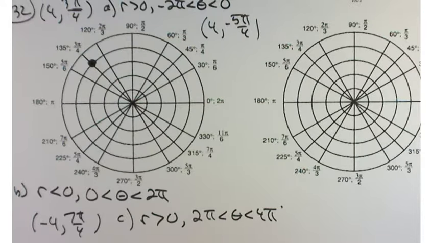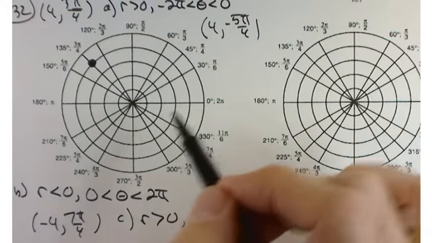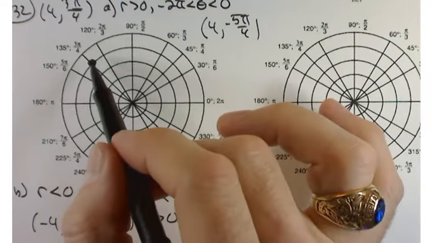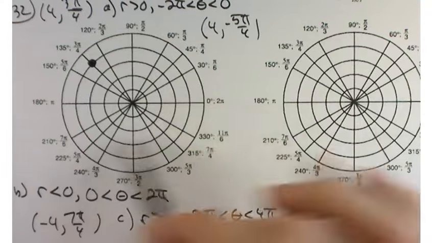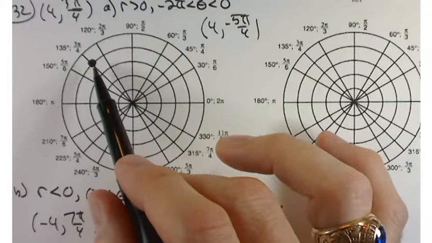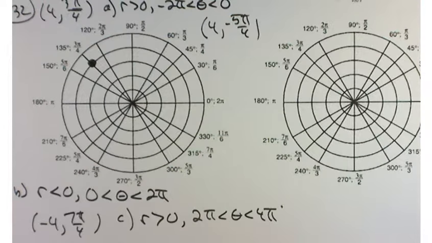Really, it means you go more than once around the circle before you get to your angle, right? So you have to figure out, well, that's my angle, but I need to go once more around the circle before I stop there. So how could I find that angle?